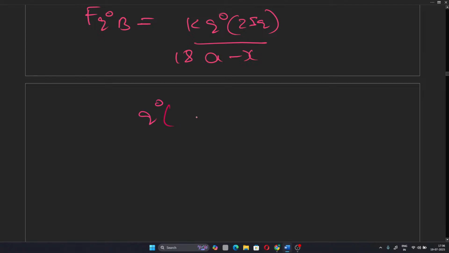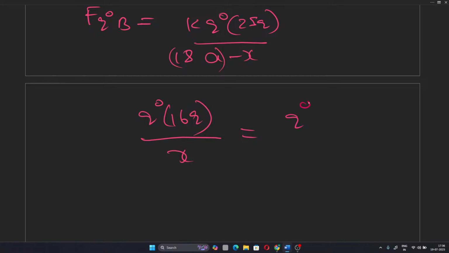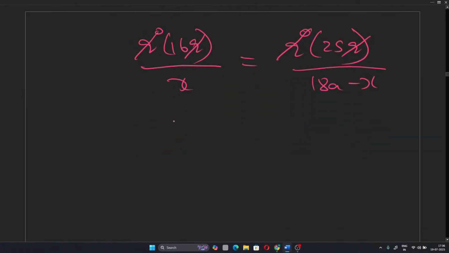So q naught 16q by x equals q naught 25q by 18a minus x. Here q cancels, q naught cancels, and k also was there, which I cancelled.